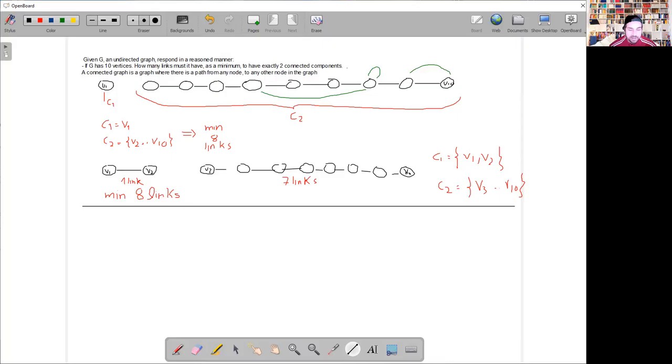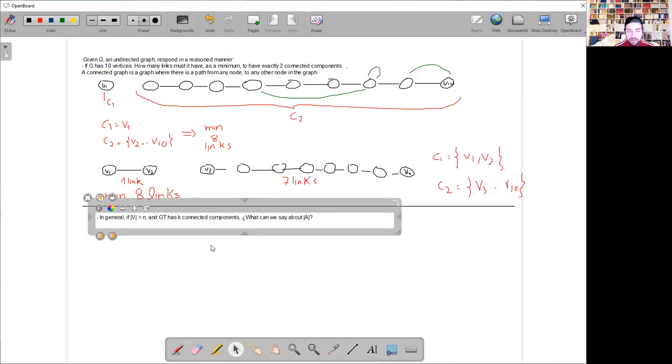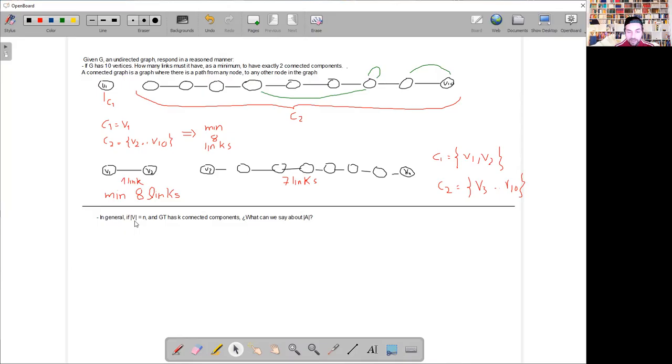Okay, so let's pass to the second sub-question. And here we are asked, in general, if the number of vertices is n and the graph has k connected components, what can we say about the number of links in the graph, right?